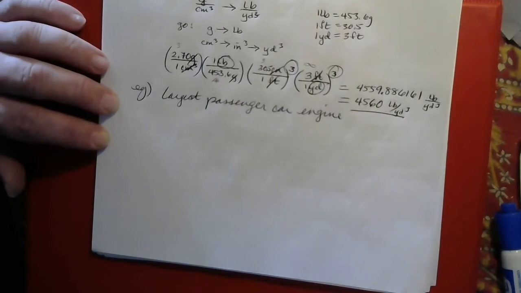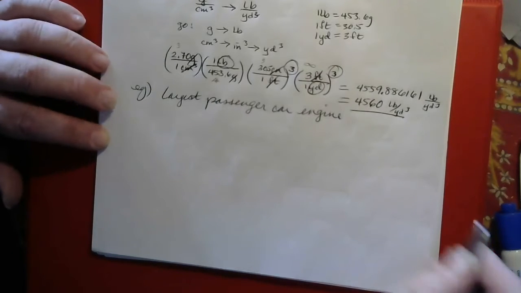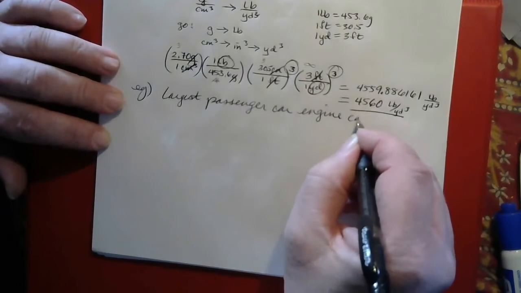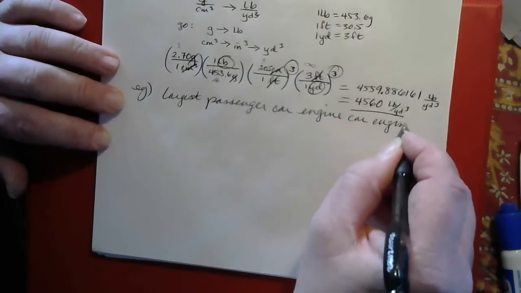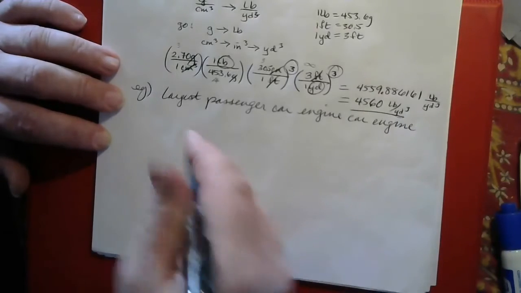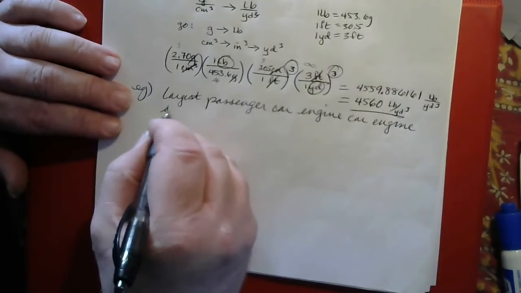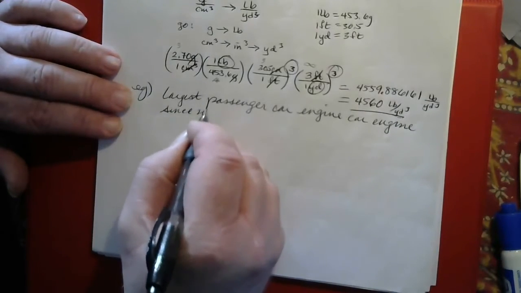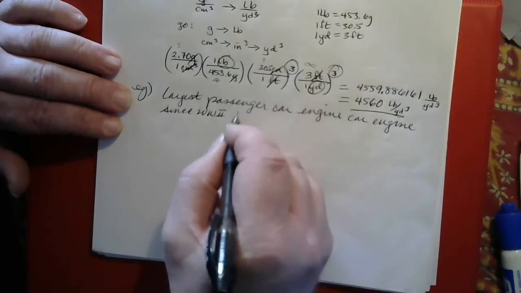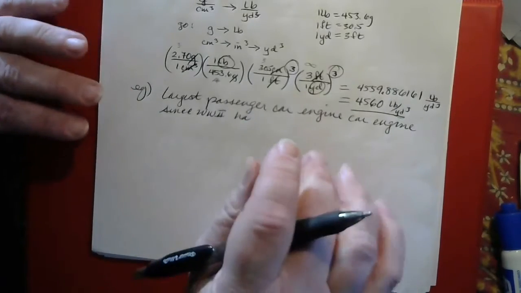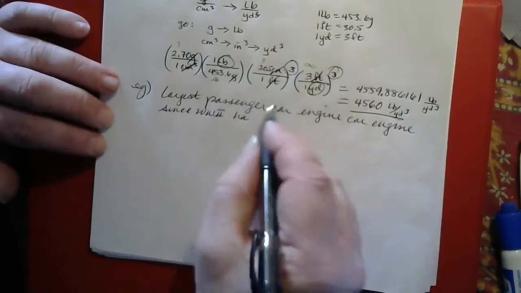Let's see, a bit of trivial interest here might be that the largest passenger car engine used in any mass-produced car since World War II was used in certain Cadillacs in the early 1970s.